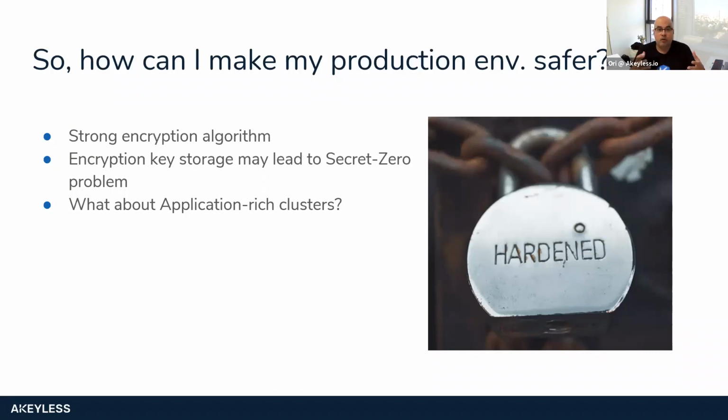And a potential hacker would say, okay, so I have access to the key, now I will use the key in order to decrypt the secret. So this is known to be the secret zero problem, and there are various solutions to that. One solution is basically using a protected machine identity when it comes to machine-to-machine communication.